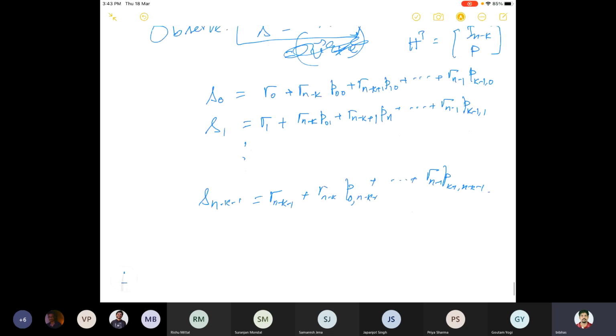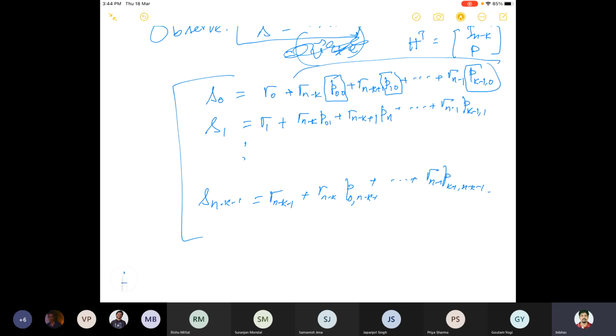From here, what do we see? We see that the syndrome, the S vector, shows the role of the parity entries. The R vector is the received vector. The syndrome is just the sum of the received digits multiplied with the parity check digits and nothing else.